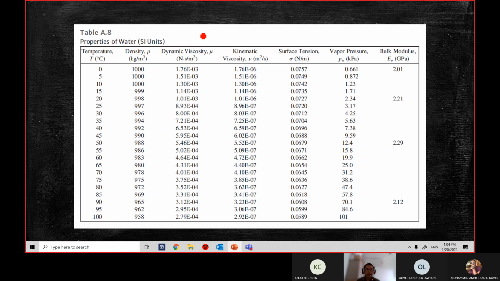Today we'll look at dynamic viscosity in the unit of Newton second over meter square, which is actually Pascal second, because Newton over meter square is Pascal.